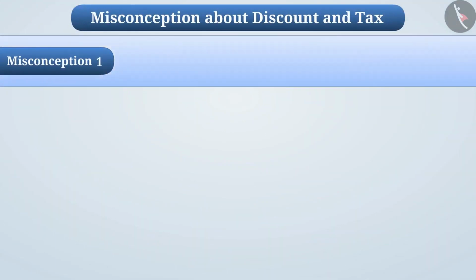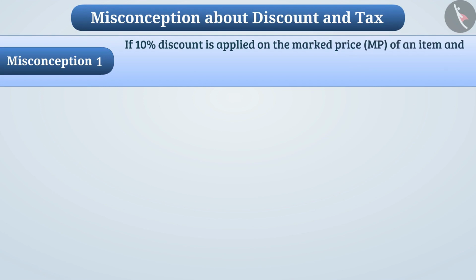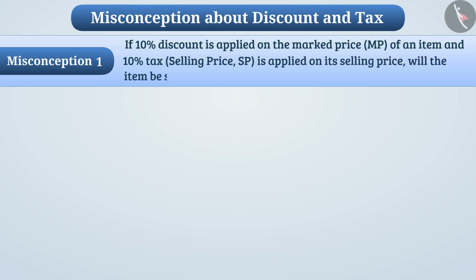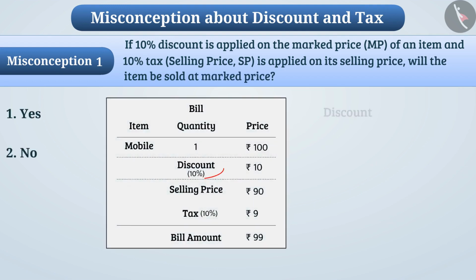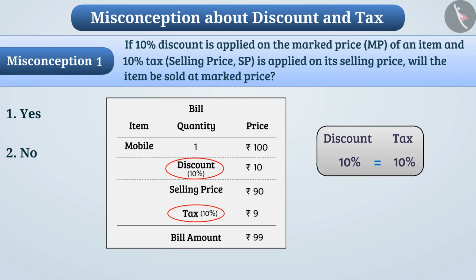Misconception 1. If 10% discount is applied on the marked price, that is MP of an item, and 10% tax is applied on its selling price, will the item be sold at marked price? Some children see that discount and tax rate are similar and think that the item will be sold at marked price only.